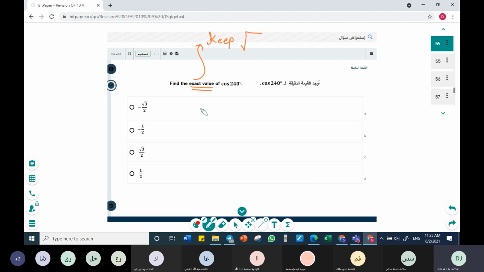Someone can put it in the chat if you would like. 120 plus 120. This could be one of the solutions. What else? 150 plus 90.